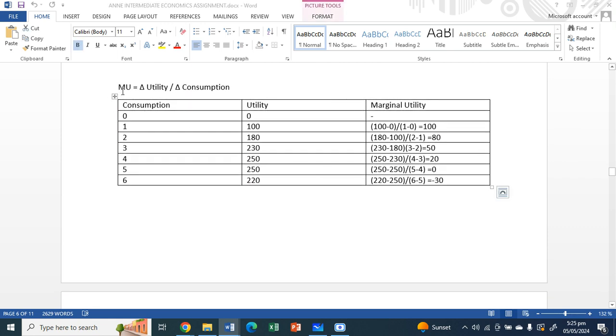So this is the formula we'll be using for marginal utility: the change in the utility divided by the change in the consumption.